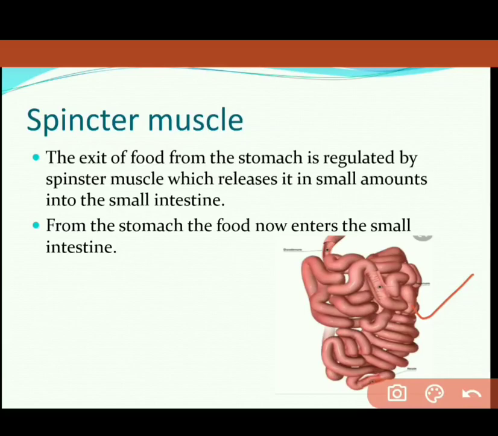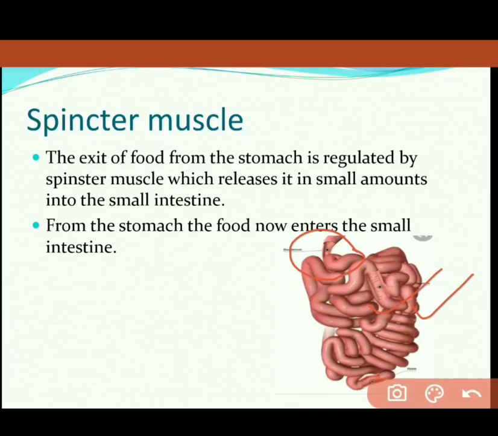Before that, there is a small sphincter muscle that regulates the food. It holds the food, that is the bolus, until the food gets digested in the stomach. After that, it releases small amounts of food into the small intestine.